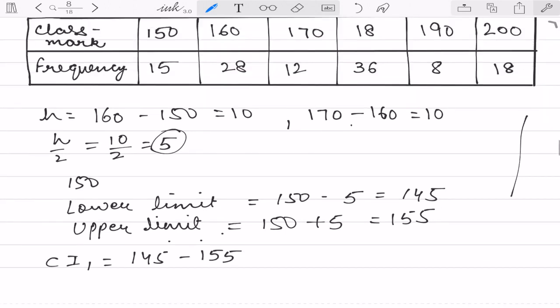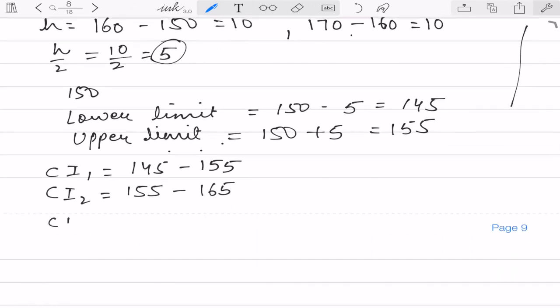Similarly, for the second class interval also, we will subtract 5 from 160 and add 5 to 160. So it becomes 155 to 165. Similarly, we will do for all the class marks and we will get the class intervals.